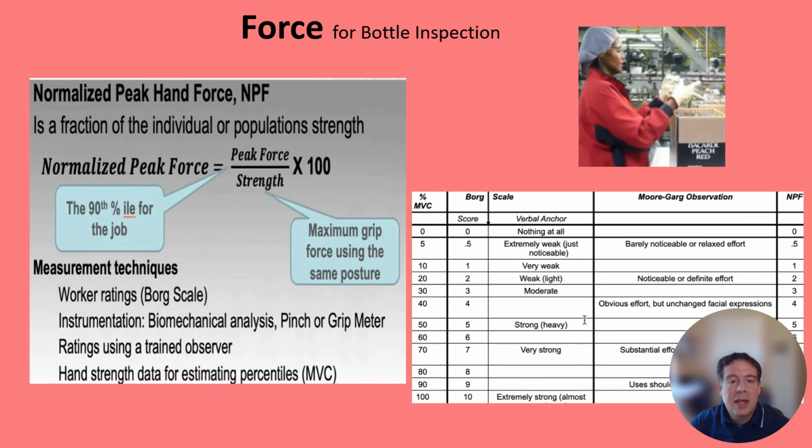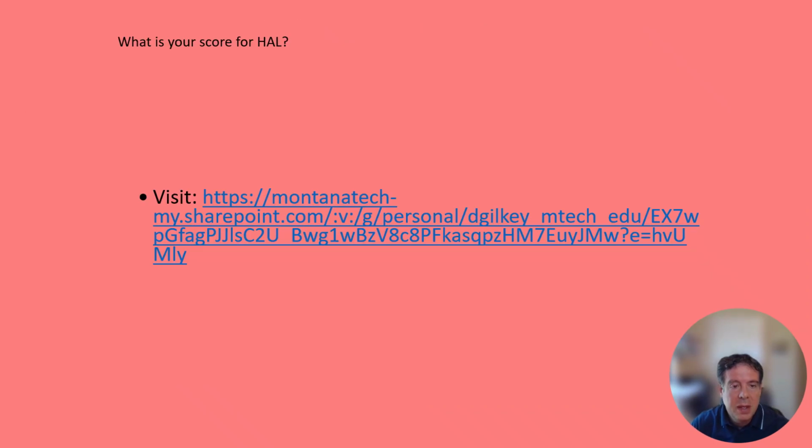So if the max they can do is that peak force, that 10, 100%, divided by whatever the object is. So if they say it was strong and heavy, we would rate that at 50. So we're at 50% there, 50 times 100%. So that gives you an idea how to do the force.